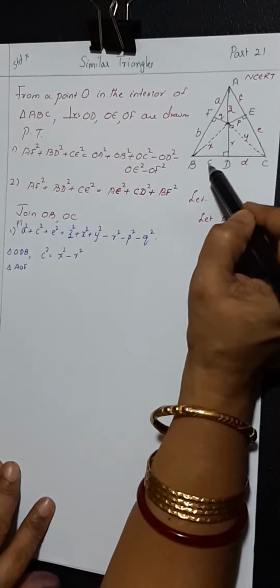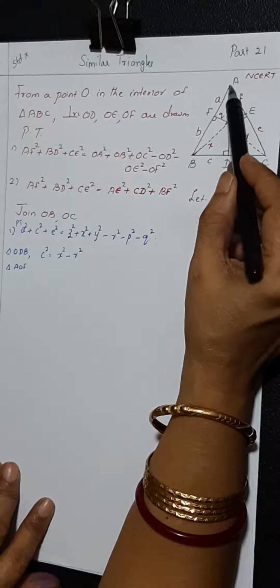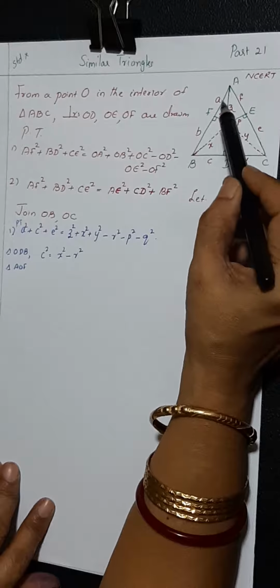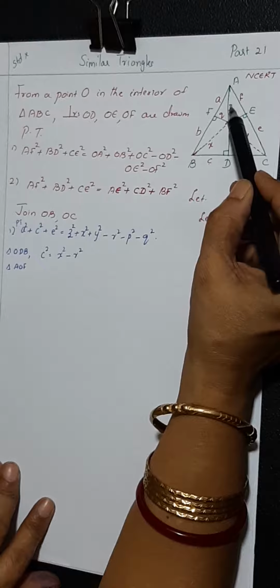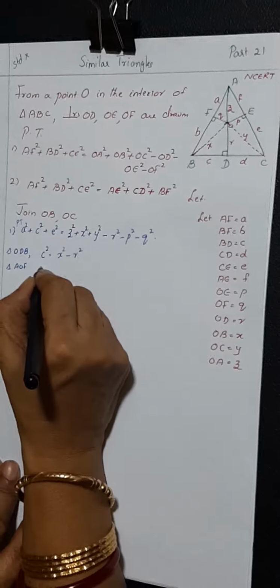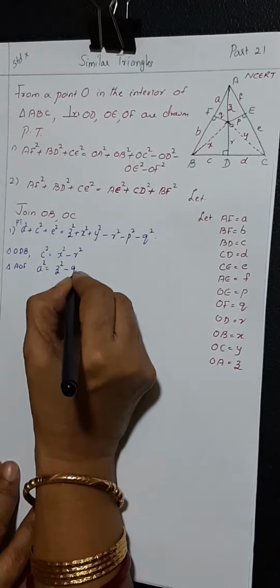So, c is already over, and we need a. So, we will take AOF. Yes, AOF. Now, this is the hypotenuse. So, a squared is equal to z squared minus q squared.